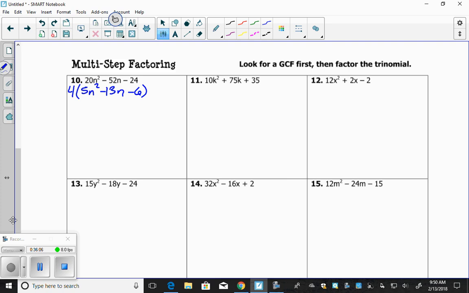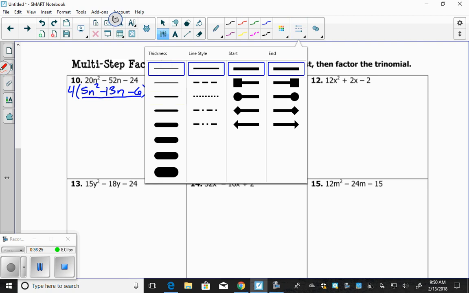What does step 1 say? Multiply A times C. So if I'm just looking at this, what's my A? What's my C? So what's A times C? So what are factors of negative 30?